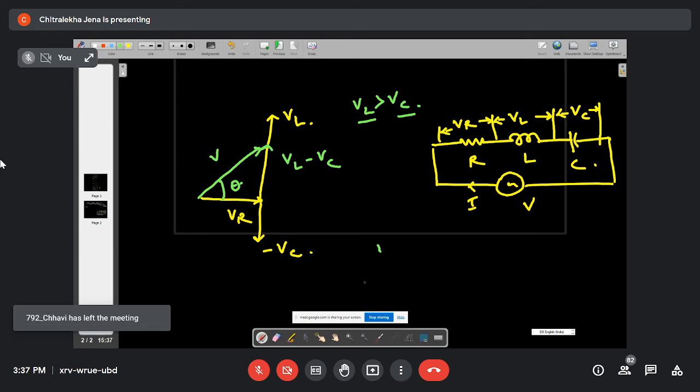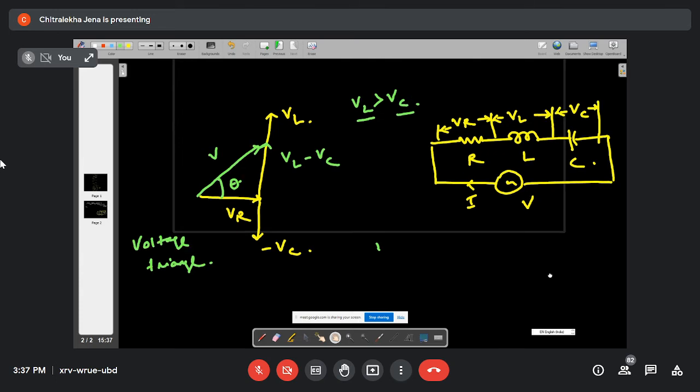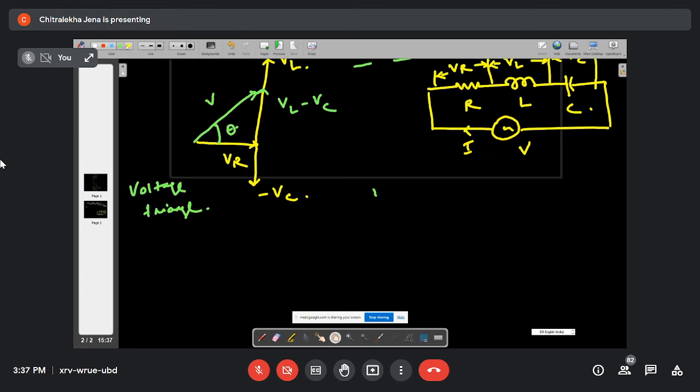Okay. This is my voltage triangle. Now the impedance triangle, I have also drawn it. Have I drawn it or not? Yes, ma'am. This is R, this one is your XL, this one is your minus XC. Minus means it is in the downward direction, nothing else.